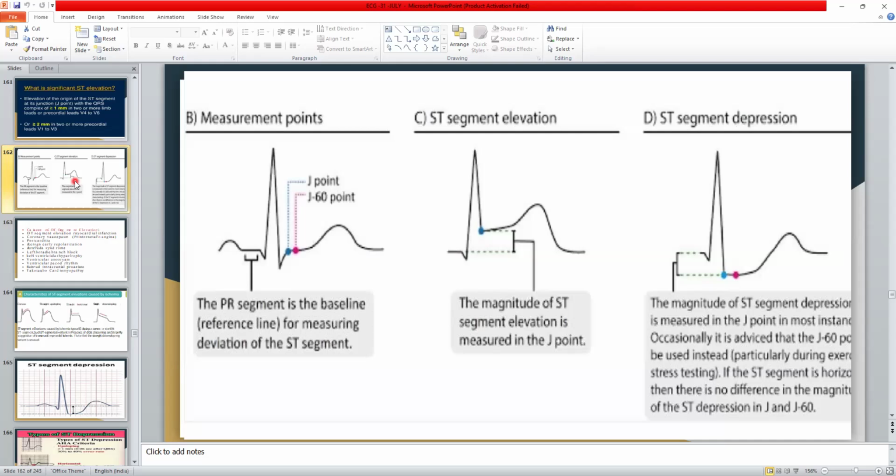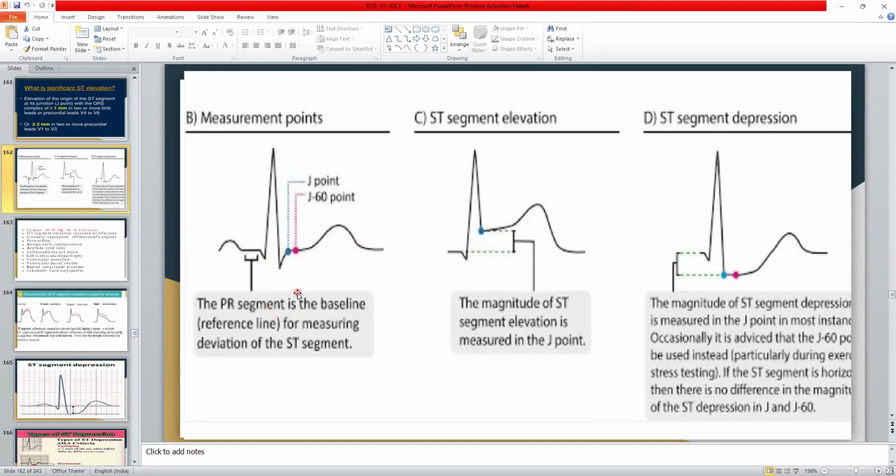How do you measure the ST segment? This is the ST segment, as we all know. Usually, as I told you, this ST segment lies at the same level as the PR segment. So you have to take this PR segment as the baseline.